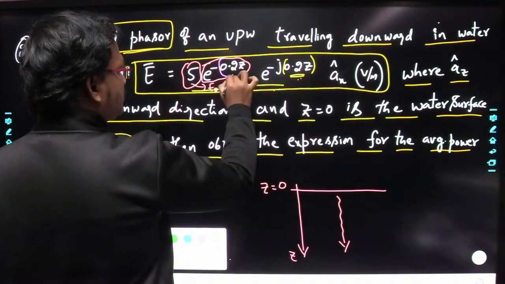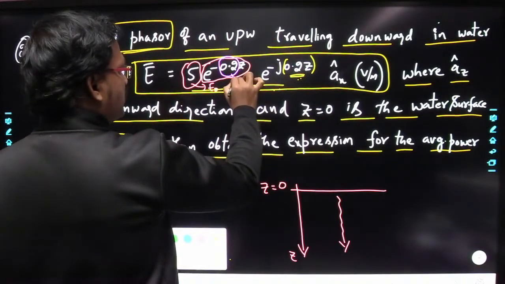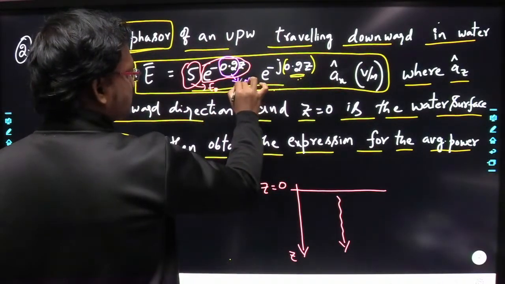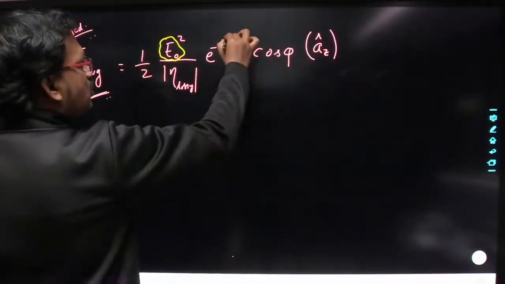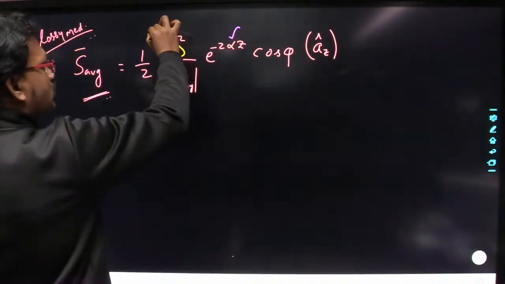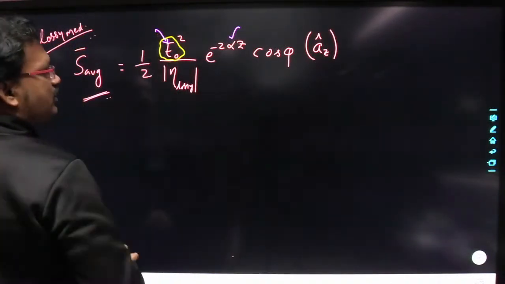So this 0.2 represents the alpha value, right? So we know the alpha value and we know the peak amplitude of the electric field, right?